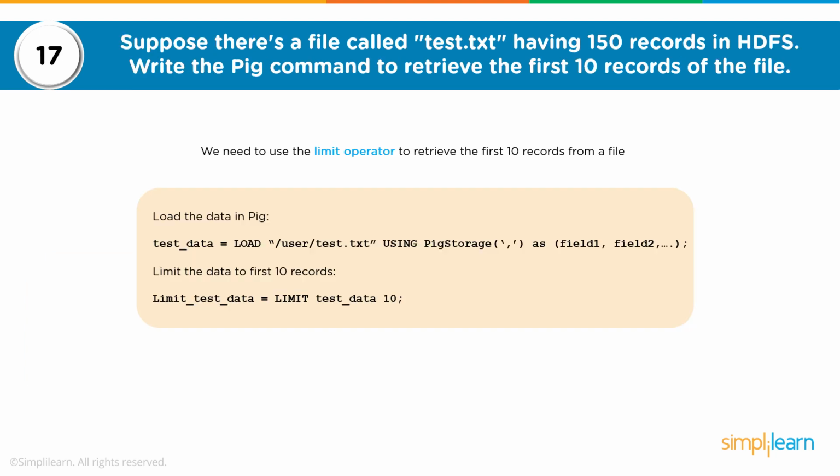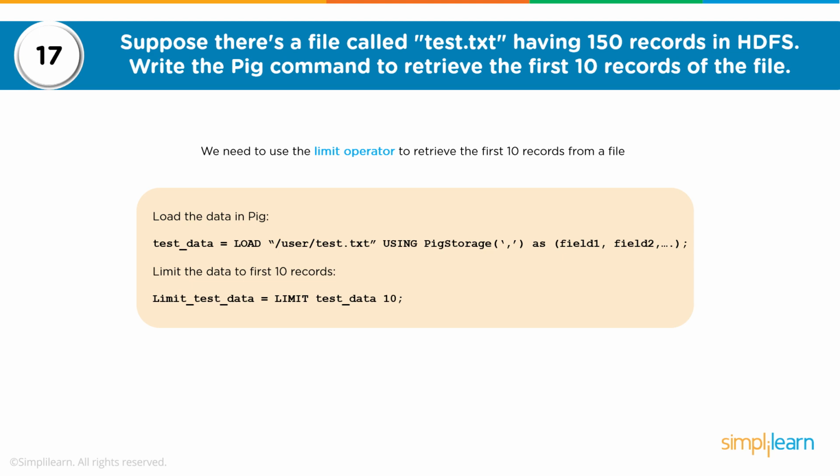Now, suppose there is a file called test.txt having 150 records in HDFS. So this is a file which is stored on HDFS, and it has 150 records, where we can consider every record being one line. And if somebody asks you to write a Pig command to retrieve the first 10 records of the file, first we will have to load the data.